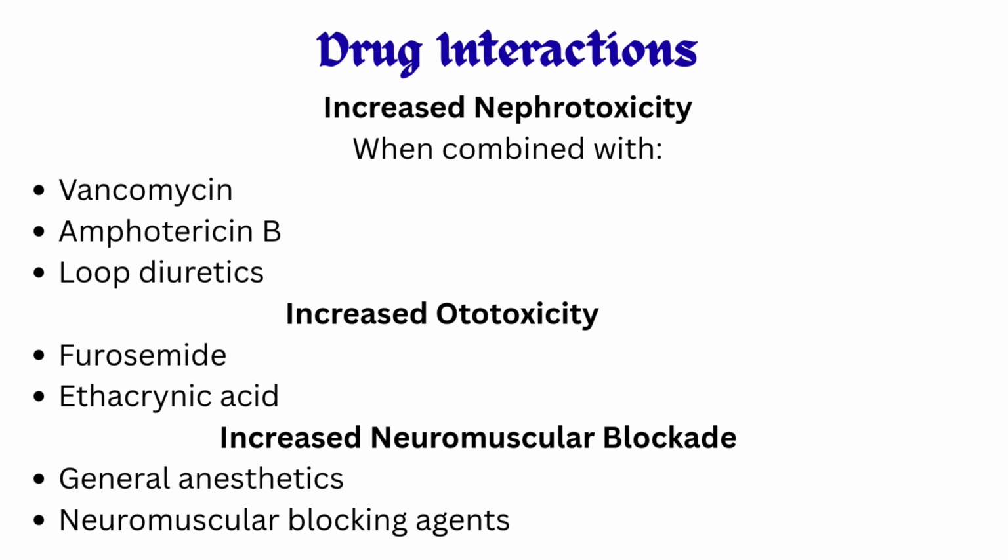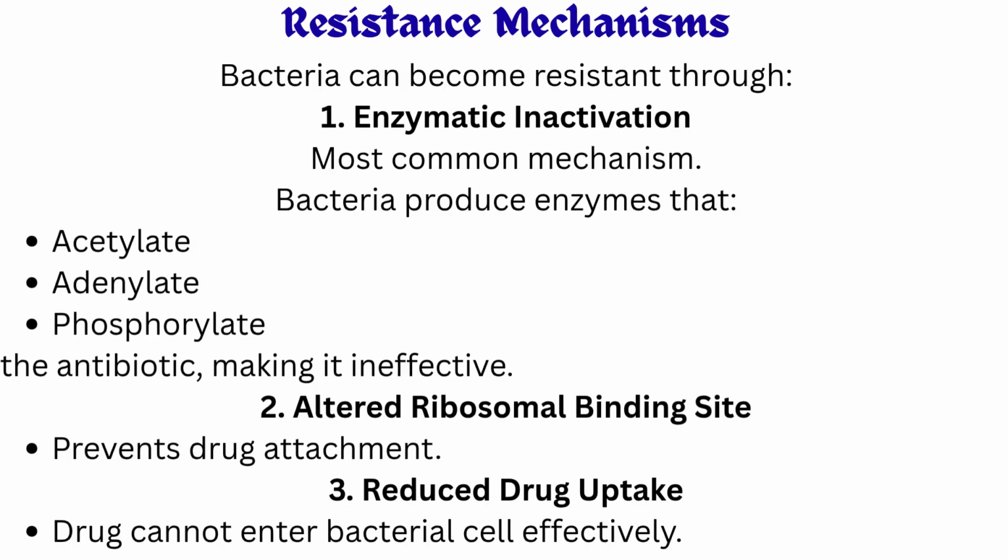3. Increased neuromuscular blockade. Aminoglycosides may potentiate neuromuscular blockade when used with general anesthetics, neuromuscular blocking agents. This can lead to excessive muscle weakness, respiratory depression, and, in severe cases, paralysis. Loop diuretics. Understanding these resistance mechanisms is important because they can reduce the effectiveness of treatment and contribute to antibiotic failure. 1.